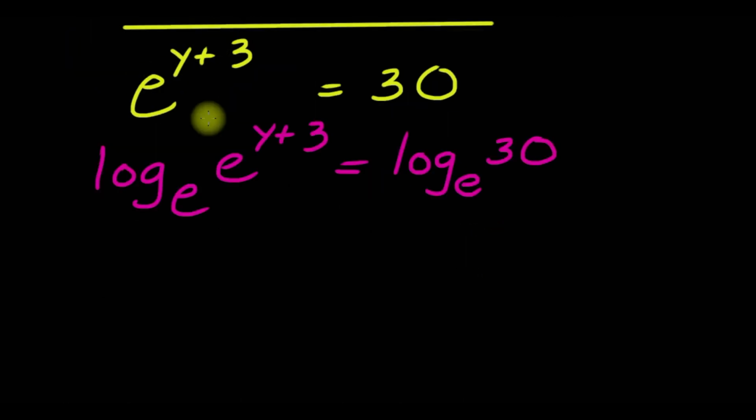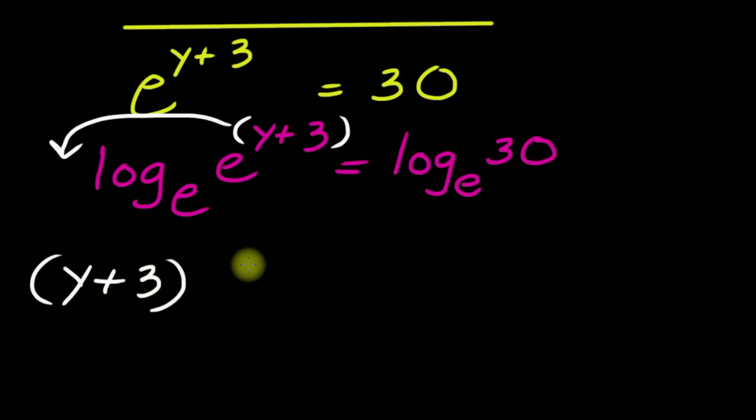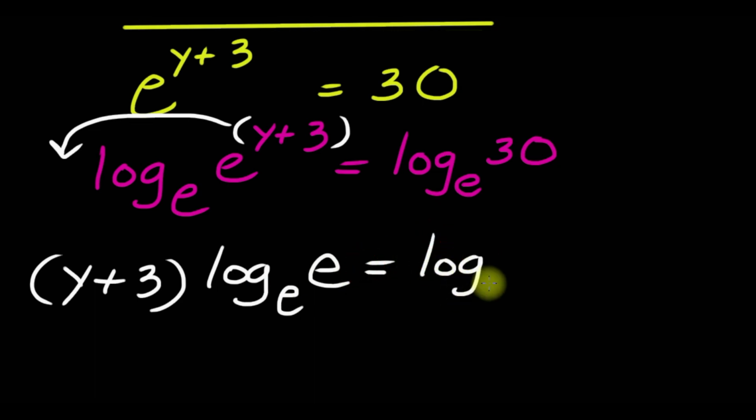Now you can bring the exponent down to the front. So you have y plus 3 times log base e of e equals log base e of 30. And log base e of e is going to be 1.